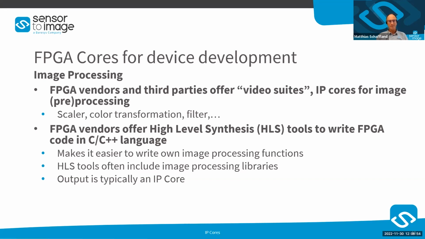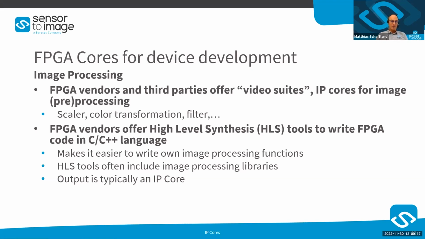For that, some FPGA vendors offer high-level synthesis tools that enable you to write FPGA code in C and/or C++. This makes it easier for you to write your own image processing functions, especially if you come more from software engineering.